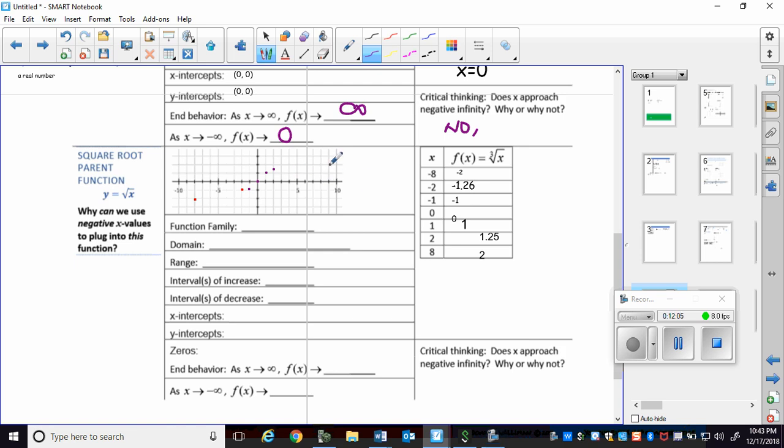So this looks like half of an infinity symbol. Let's see if I can make that better, because it's a curve and it looks something like this. There we go.